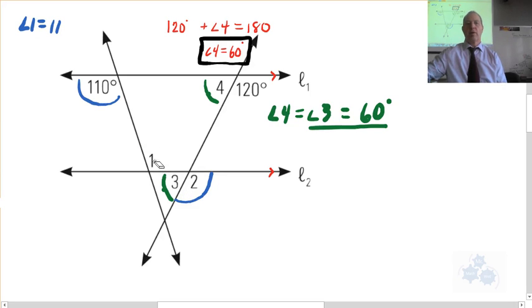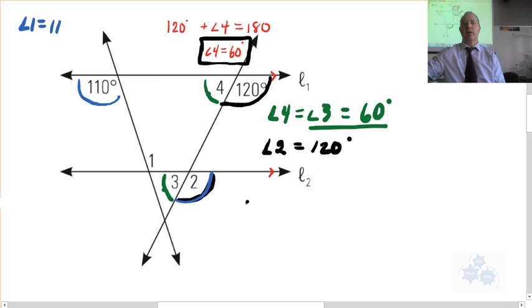So we're not going to compare 1 and 2, but we could go with 3 and 2, right? Or we could, and this is another thing that might jump out at you here, is that 120 and number 2 are also corresponding angles, and they have to be equal. Okay? So angle 2 equals 120 degrees.